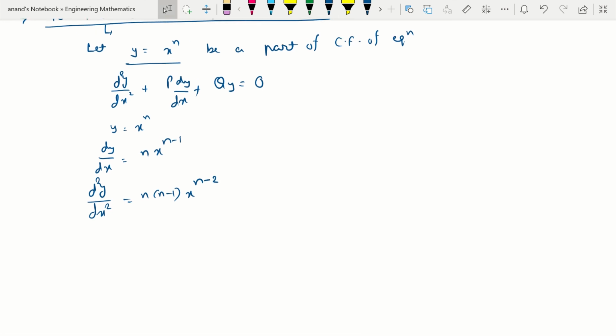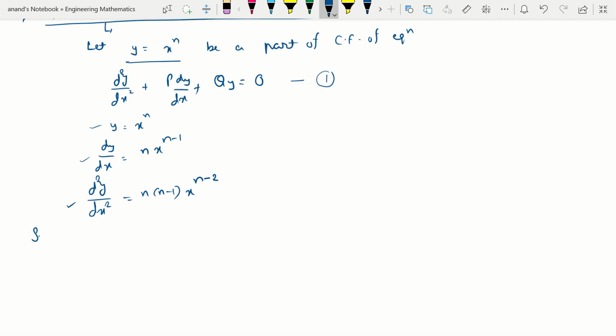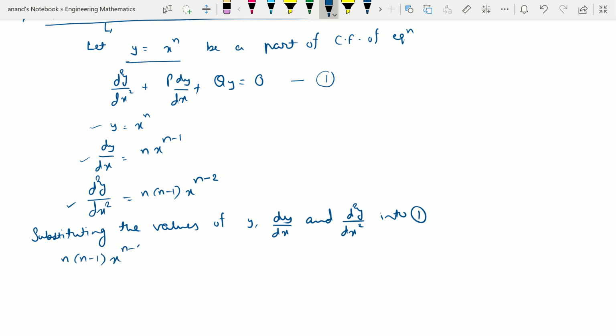Now substituting the values of y, dy by dx and d2y by dx2 into the first equation, we get n into n minus 1 x to the power n minus 2 plus p n x to the power n minus 1 plus q x to the power n equals to 0.